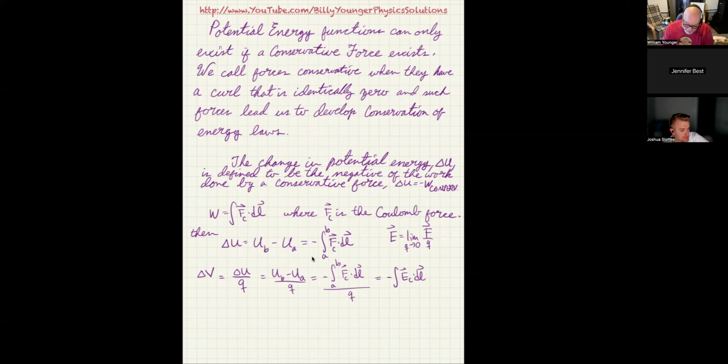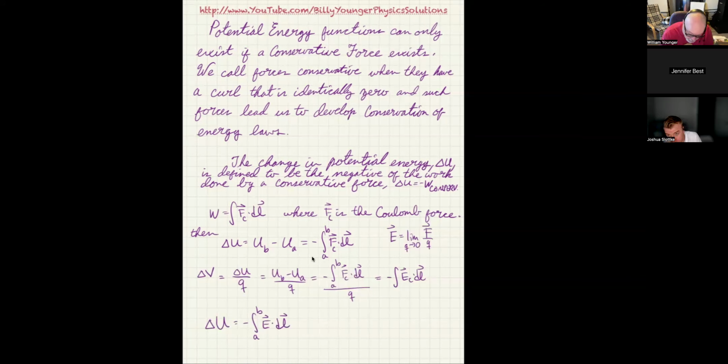So what we've done by dividing through by Q is convert the negative integral of F dot dl to a negative integral of E dot dl, and therefore the change in potential energy is the negative integral from A to B of E dot dl.